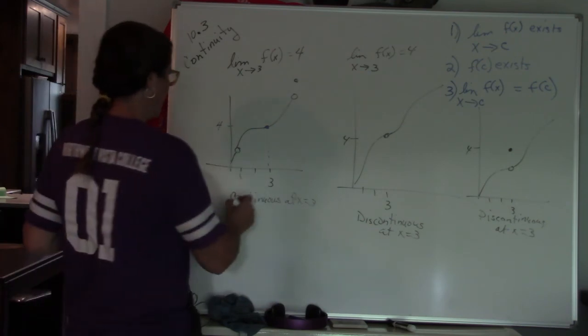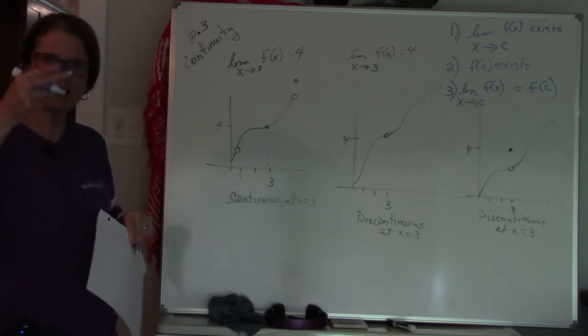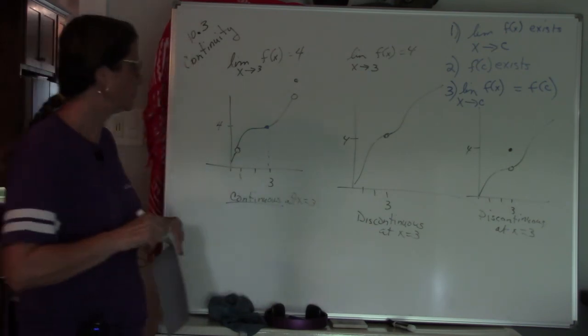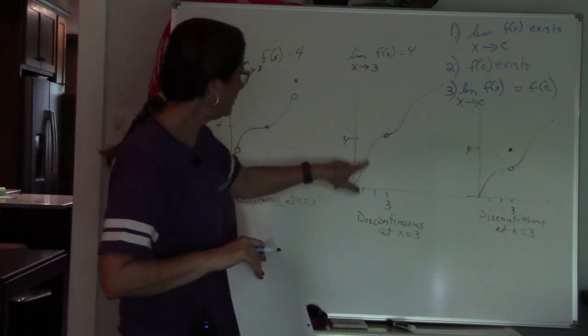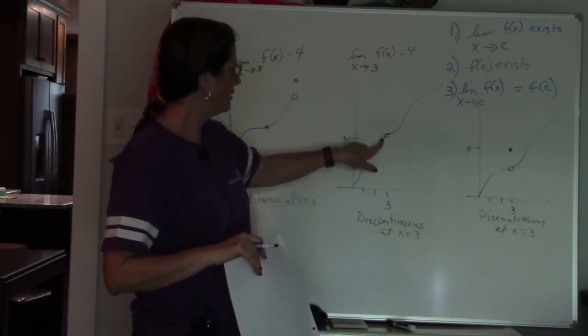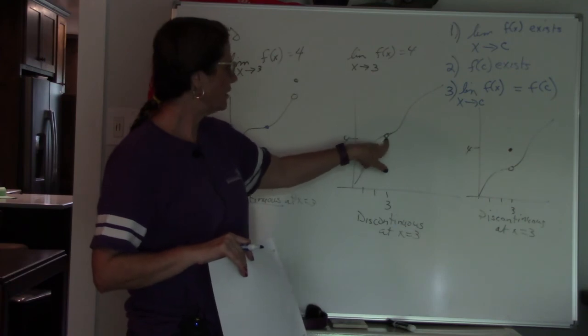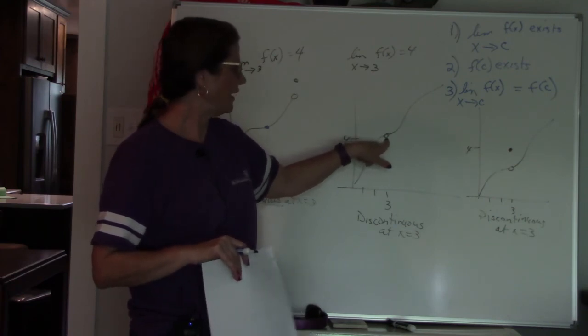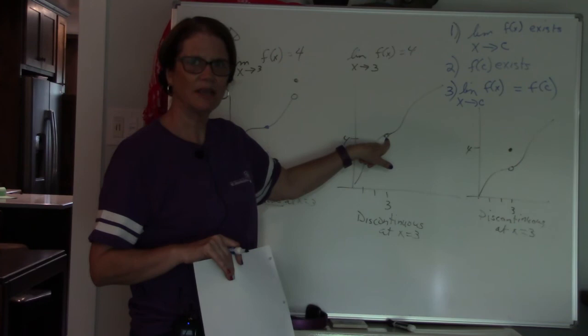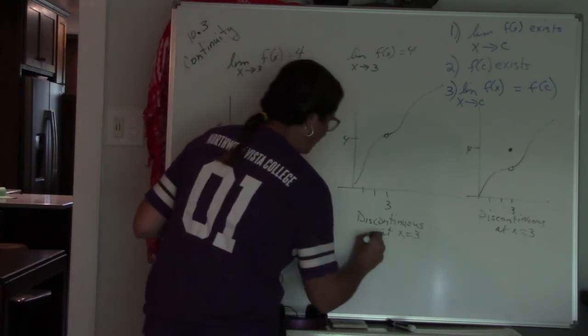So that's why it's continuous. It has to pass all three criteria. This one, I have a limit, but it fails because at x is 3, there's no value there. Okay, so it failed that one.